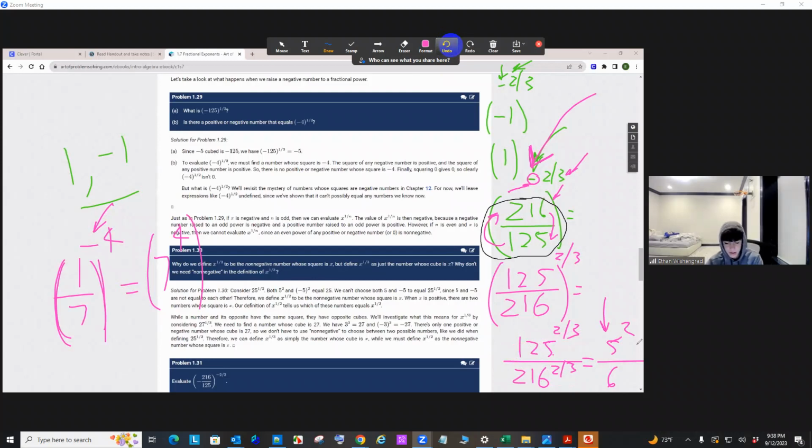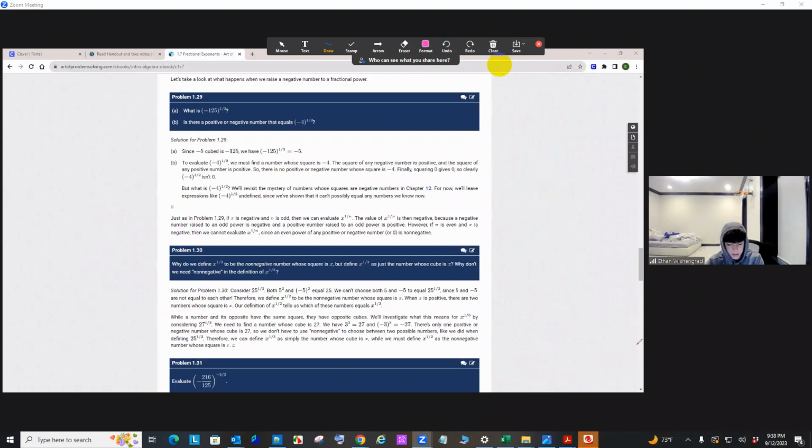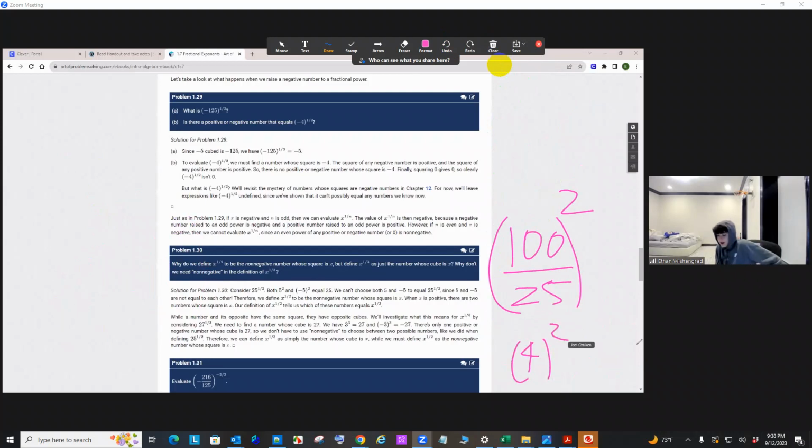Yeah. Or, you absolutely do have problems like this, though. You could easily have, I don't know, here, 100 divided by 25 squared. Okay? So here you really are welcome to do 4 squared. Well, no, let's do square root. Sorry.